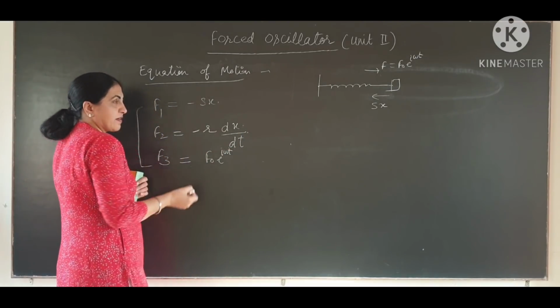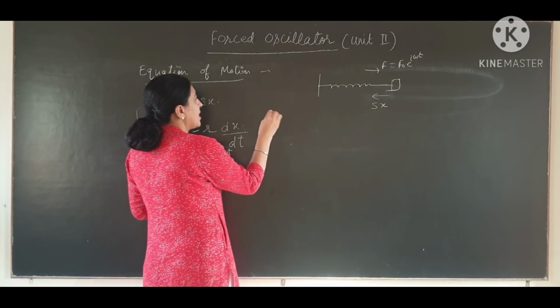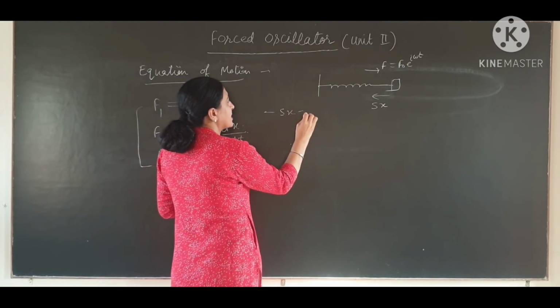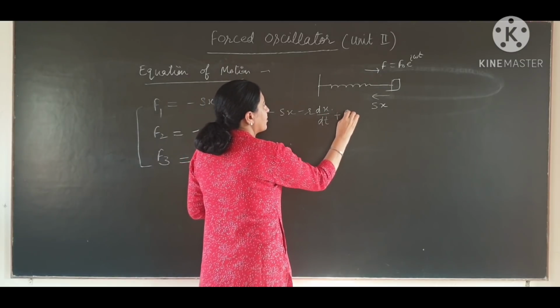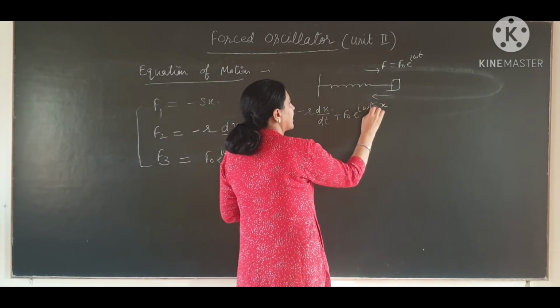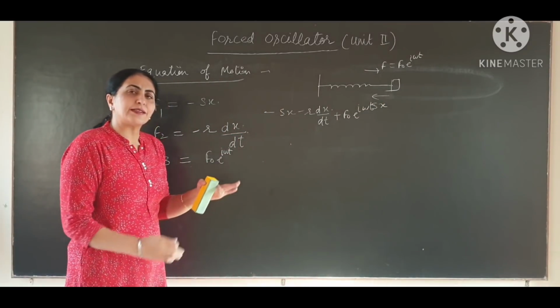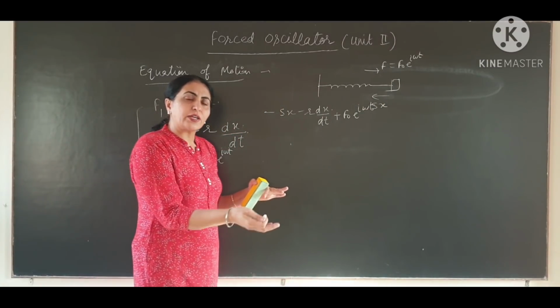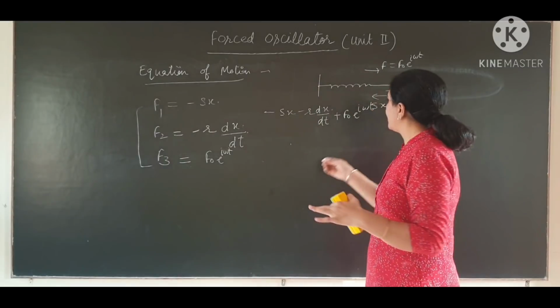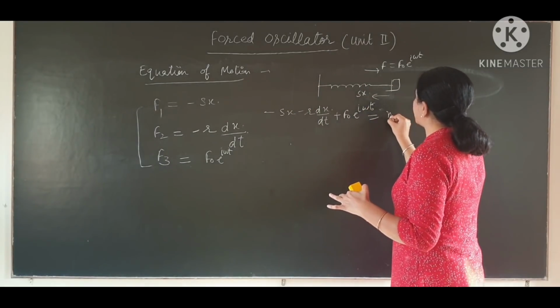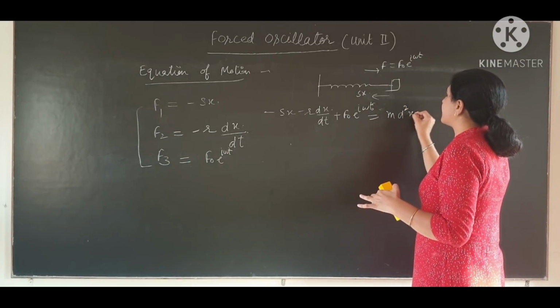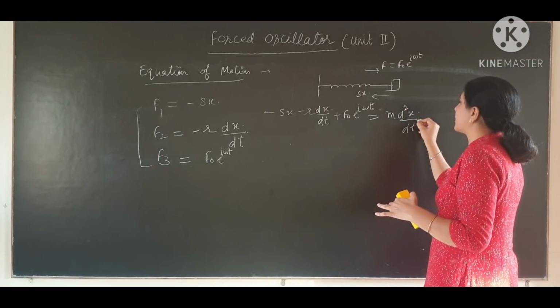Combining these three, we get minus Sx minus R dx by dt plus F naught e raised to the power iota omega t. This is the net force, and according to Newton's second law it is equal to mass into acceleration, that is, m times the double derivative of x with respect to t.